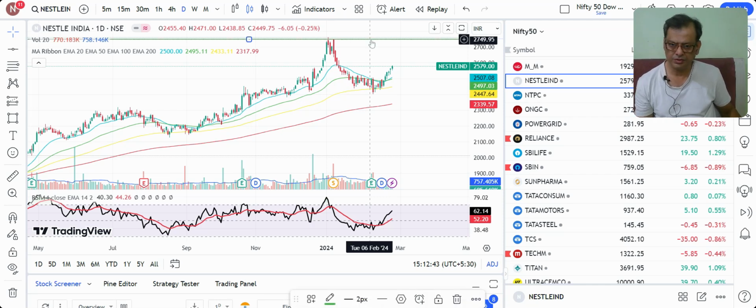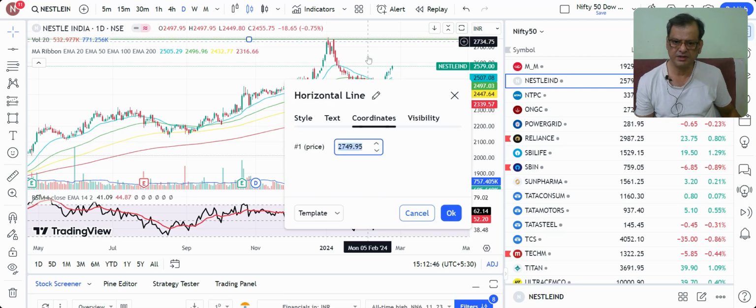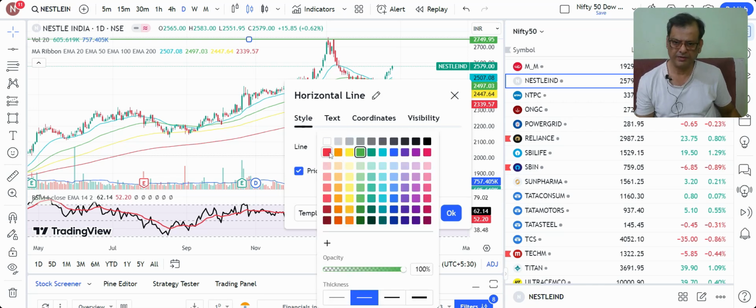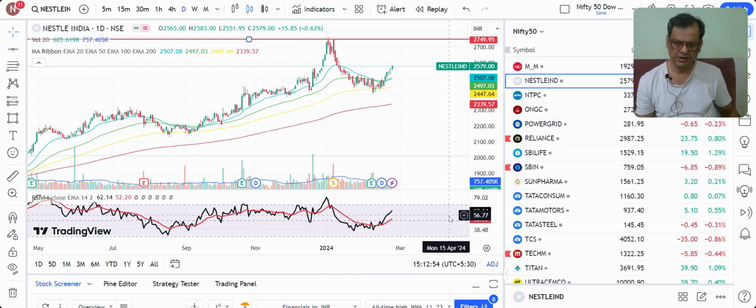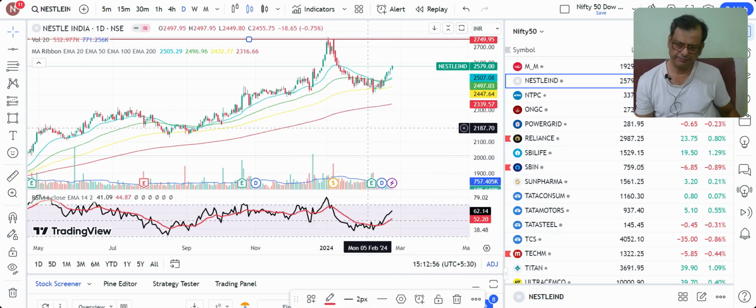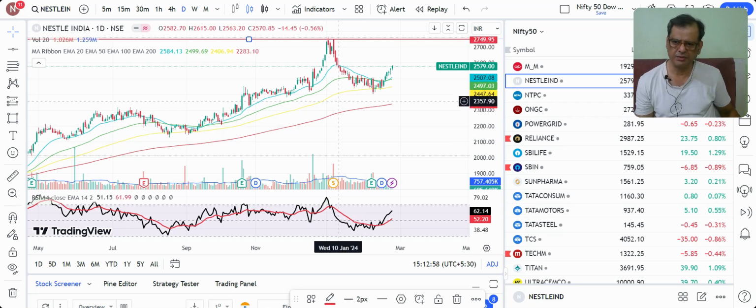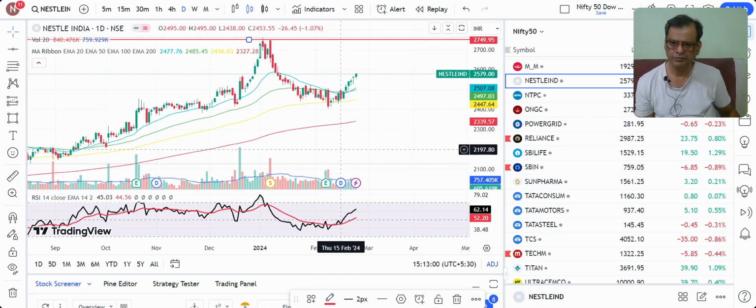So this horizontal resistance is something that does not allow the price to go above it easily. Price can go above it, but by and large, price will bounce off resistance.